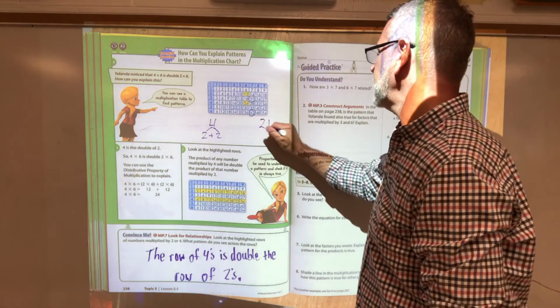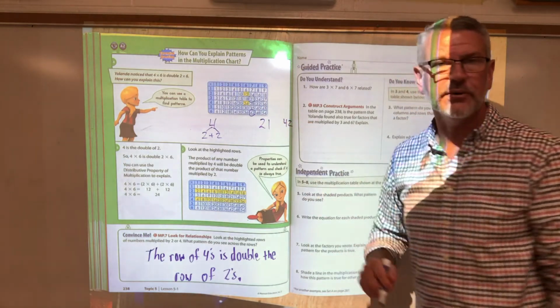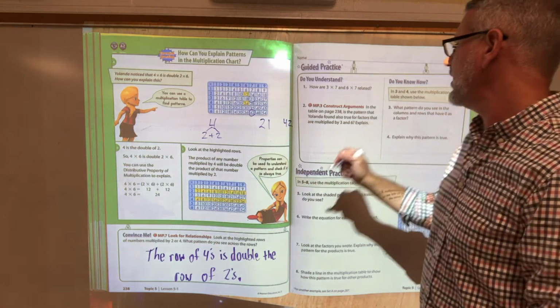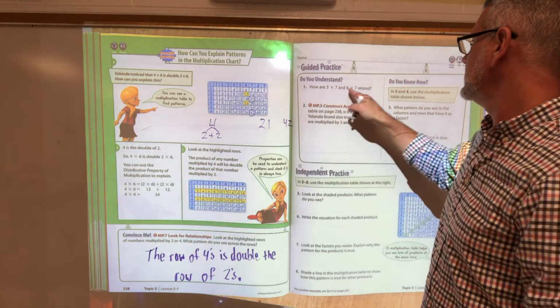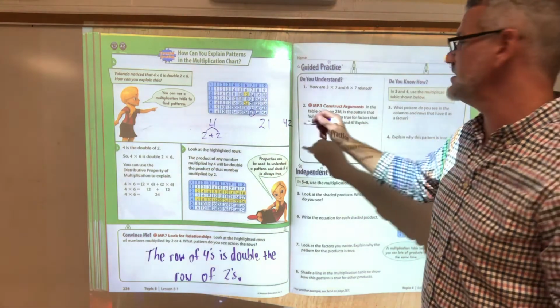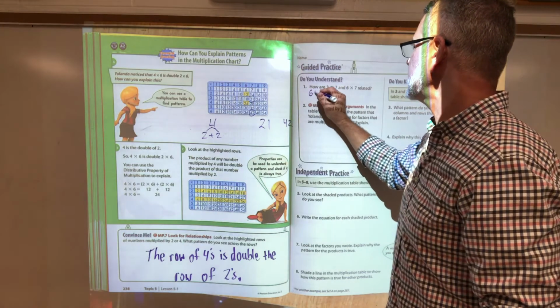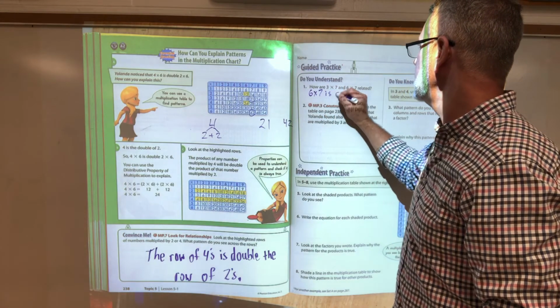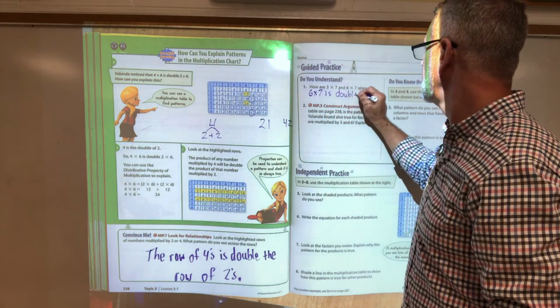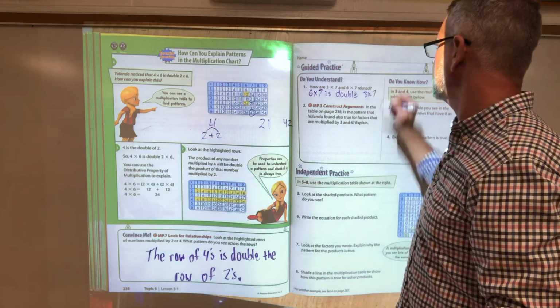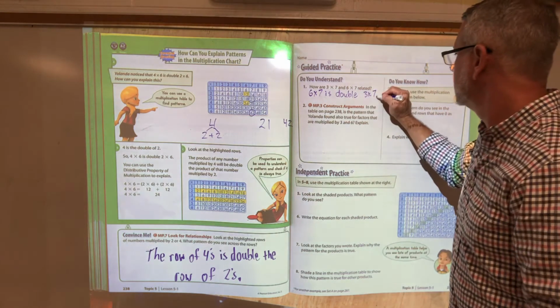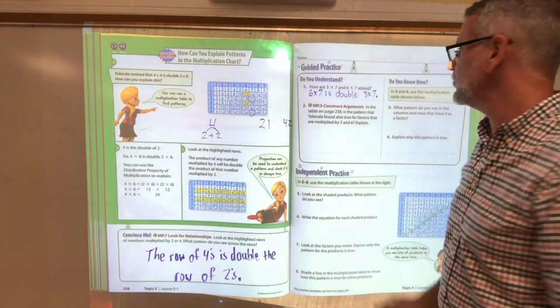So we're looking at 21 and 42. What I know about that is that 6 times 7 is double 3 times 7, because 42 is double 21.